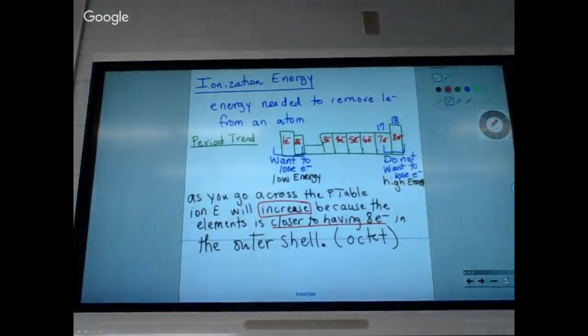So we increase as we go across because we're closer to having 8. All right, everybody got it? All right, so can we do the group?